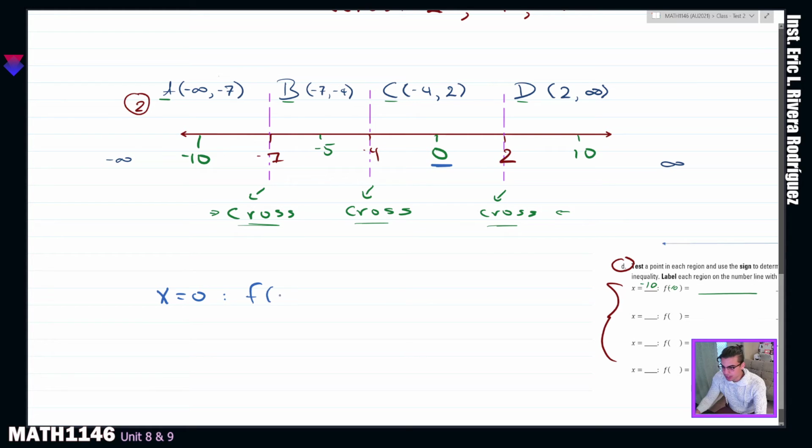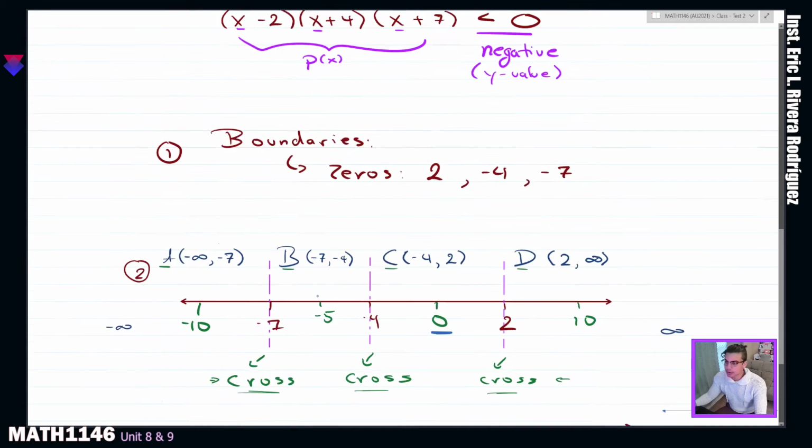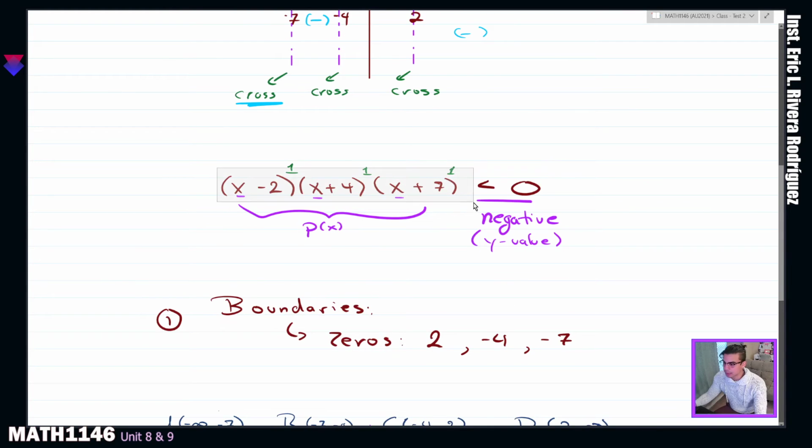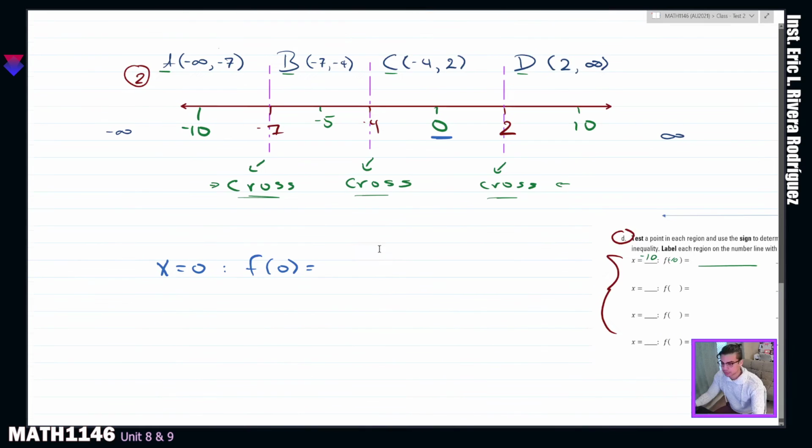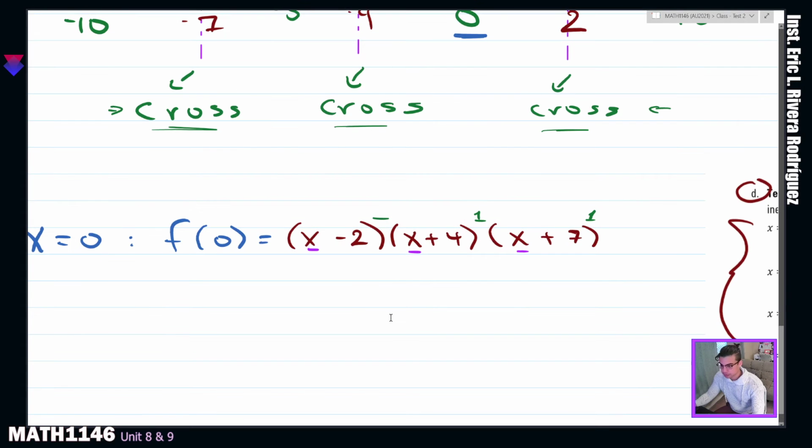Then I plug 0 into the polynomial, so let me grab the polynomial here. And I use P instead of F, so P of 0.